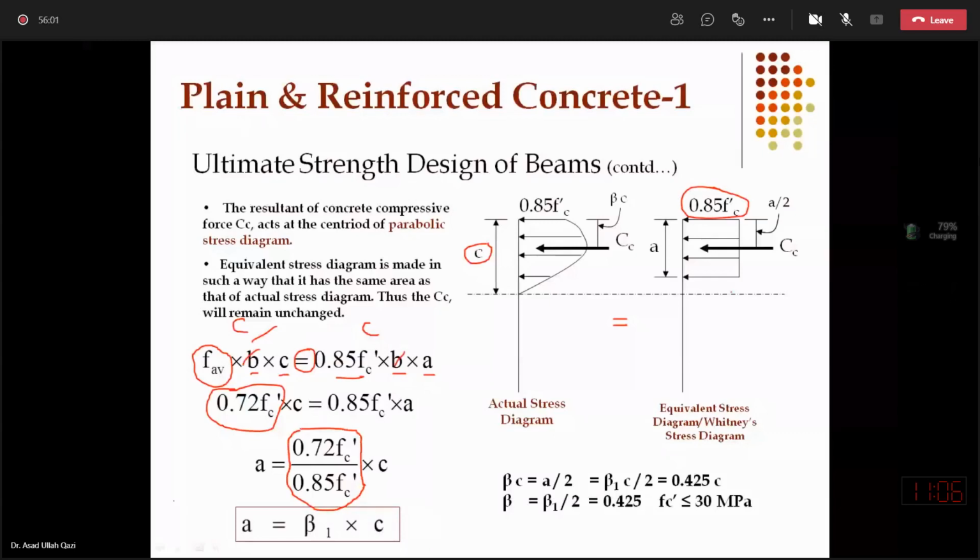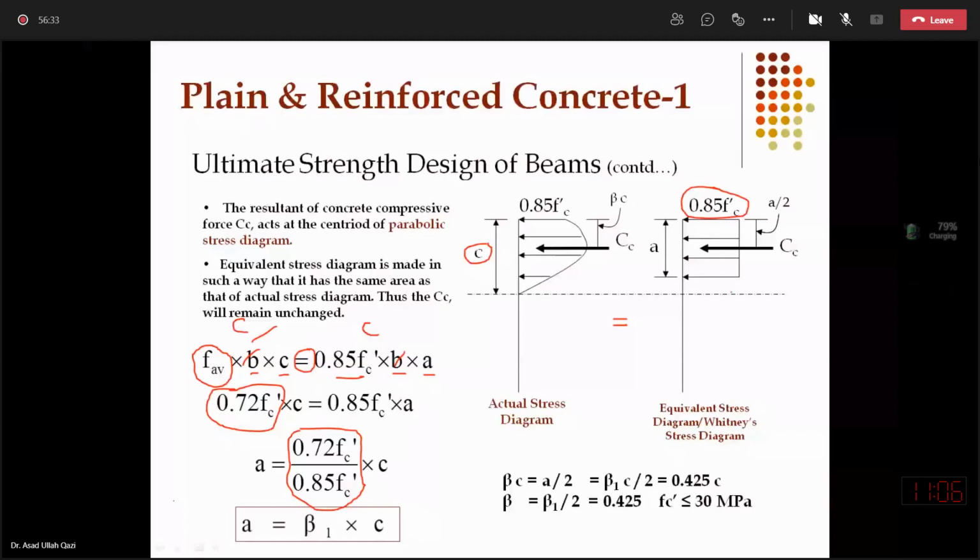So what we can state is that if A is equal to beta 1 C, then both C's are equal. So right hand side and left hand side calculation will be equal if your A has the value equal to beta 1 into C. This beta 1 is based on FC prime 30 megapascal or below.